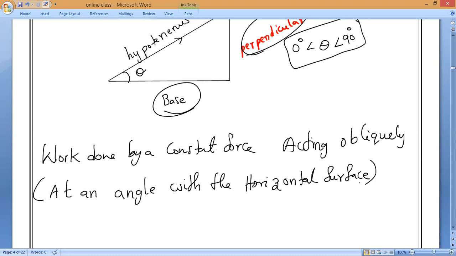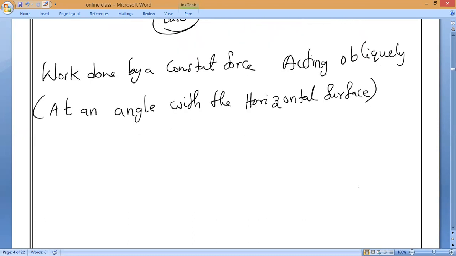Okay. Now, what is the formula? Observe very carefully. When we are applying force at a particular angle, I am imagining a car here. The displacement of the body is in which direction, guys? The same direction, parallel to the horizontal plane. Yes or no? Please respond.